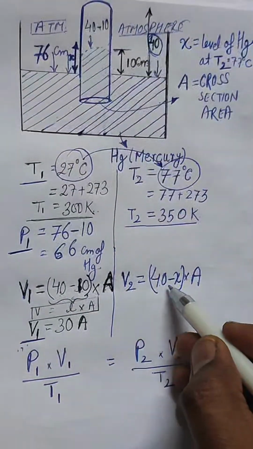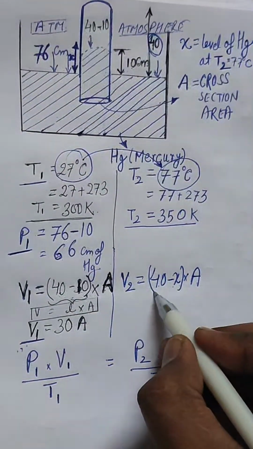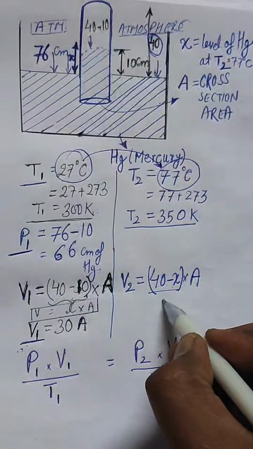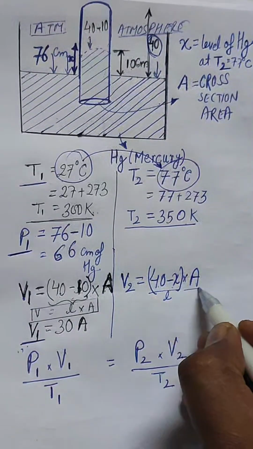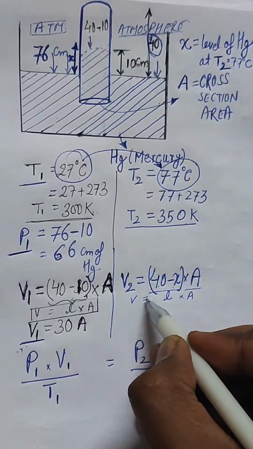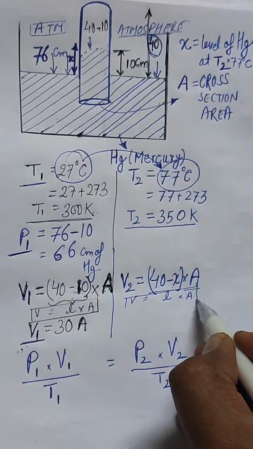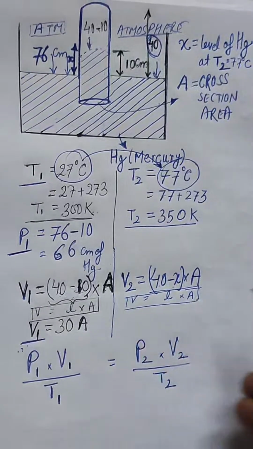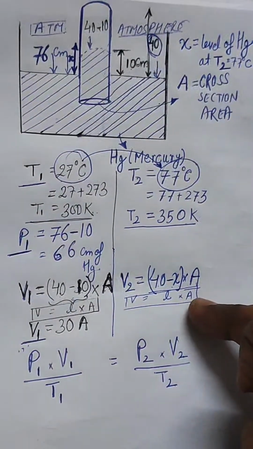So that's why we have considered 40 minus x as the length. This is the length and this is the area, and L into A is volume. We know it, right? Simple application of mensuration.